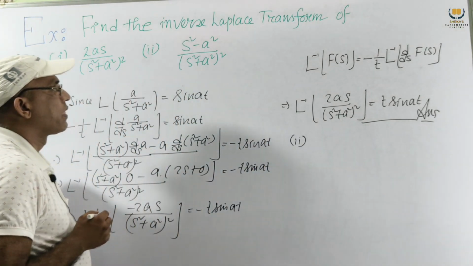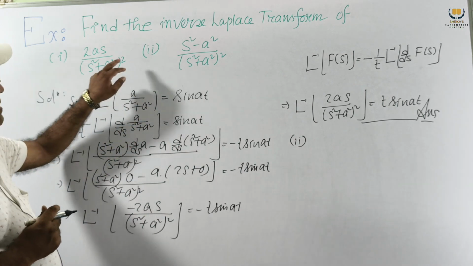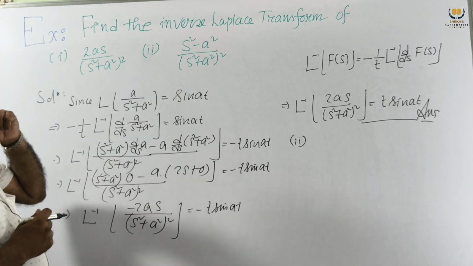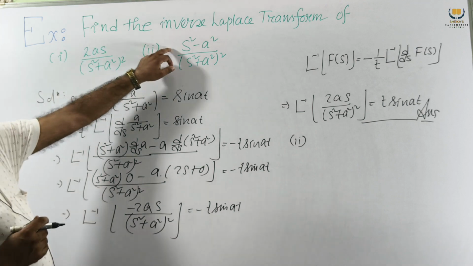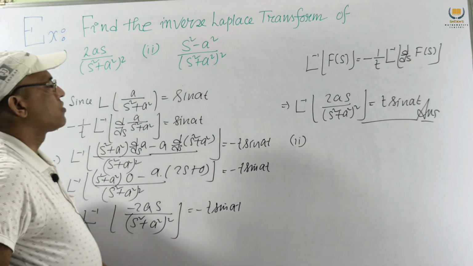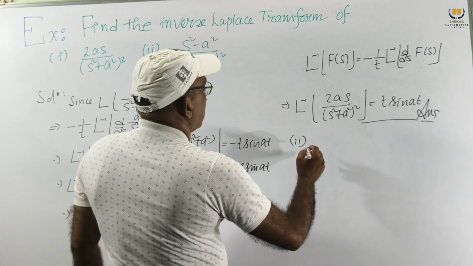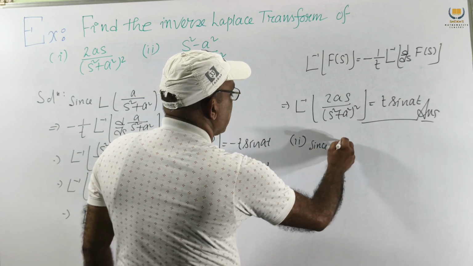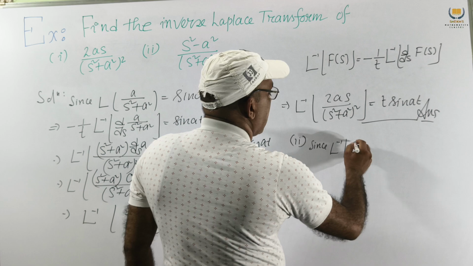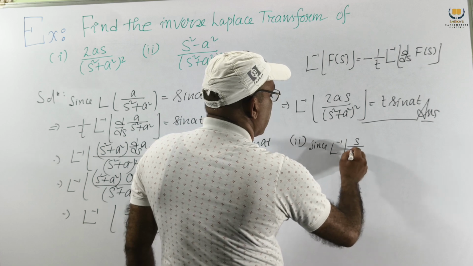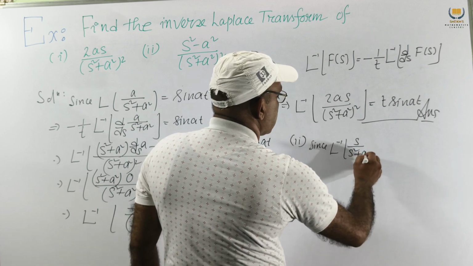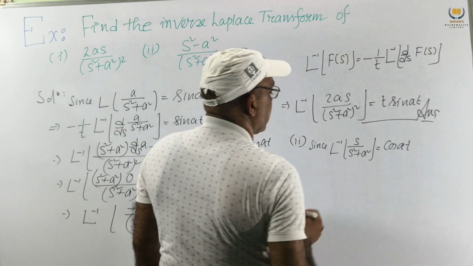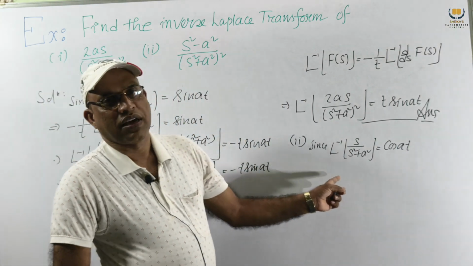Number 2: here given, this is the cousin of this problem. We have the same type of problem, but here s² − a² is given. So we take, since L inverse of s by s² + a² is cos at, we know this formula.